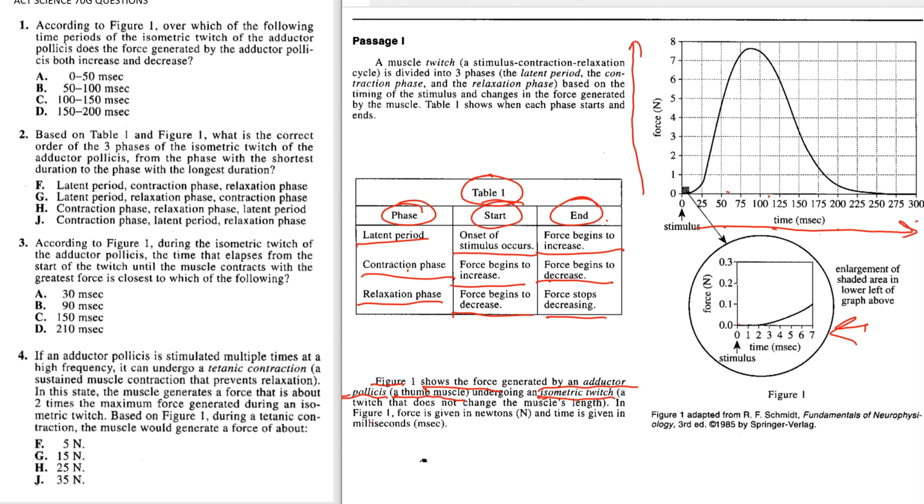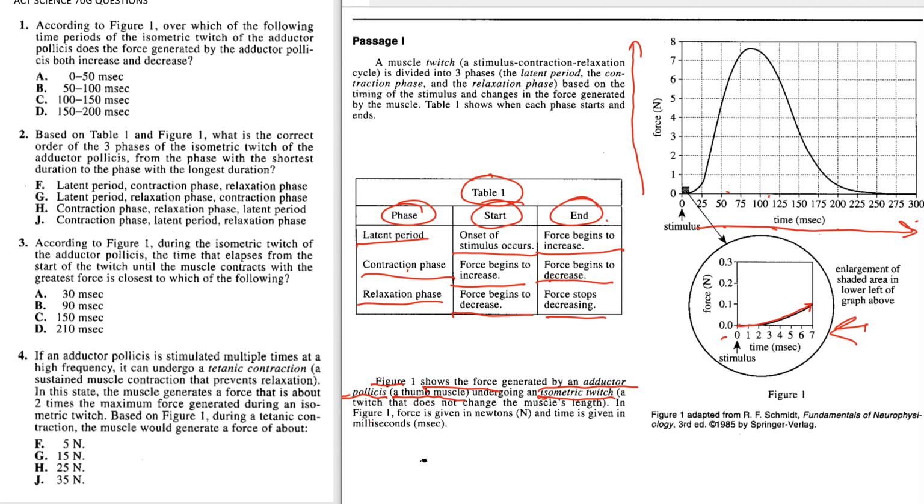They wouldn't do that unless it was in a question, so it's just at the beginning, and it's just showing, I guess, when the twitching starts. Yeah, so it's a thumb muscle twitch. I don't think I really need to read any more than that.